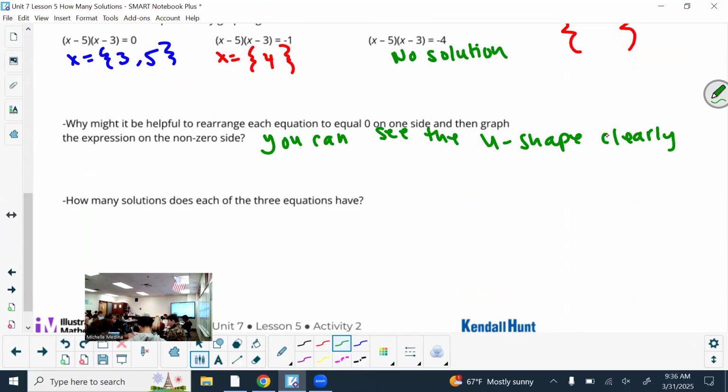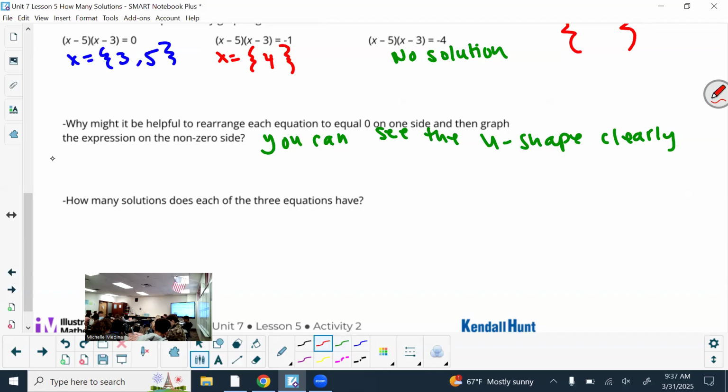If all you need is the x-intercepts, then the other one is perfectly fine. It only shows you the x-intercepts. But if you need the vertex, if you need something else other than an x-intercept, then that way of rearranging it, making it equal 0, will show you the U shape on your graph.